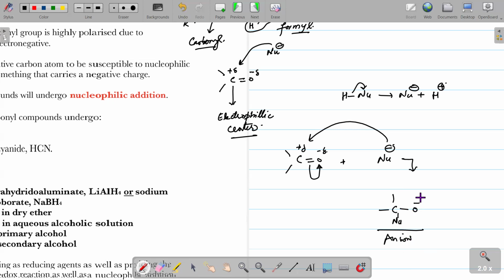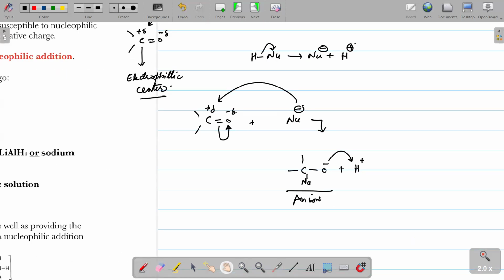Now, being negatively charged, the oxygen has an extra electron, so that can attack the partial positively charged hydrogen ion, and we get this product, which has OH. So we can say that the nucleophile is added on the carbon, as you can see here, and the hydrogen of the reagent is added on the oxygen atom. So that gives us hydroxy compounds.